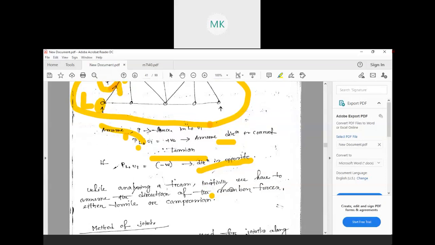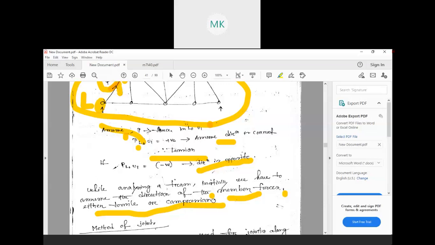While analyzing a truss, initially we have to assume the direction of the member forces, either tensile or compression, because without solving any member or structure, we can't say whether the load is tensile or compression.